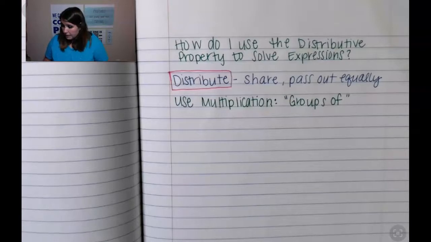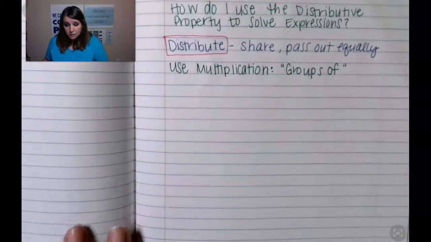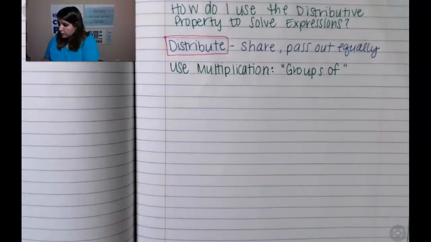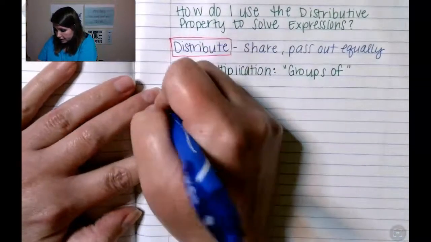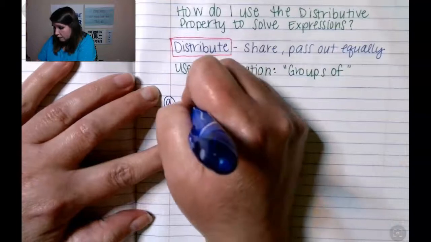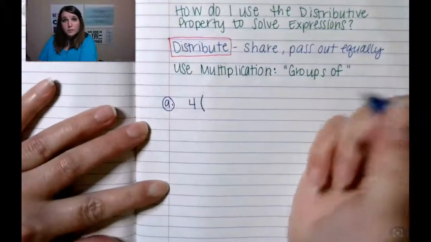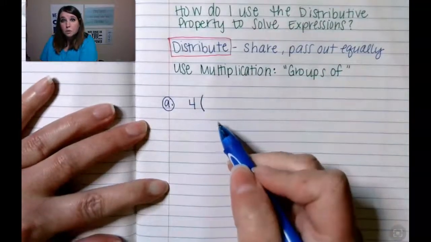So when we're looking at the distributive property, we are going to have various different expressions. So you will have things that look like this. Here's an example. Example A. I have 4 times, because we know when we have a number stuck to parentheses, it means to multiply.